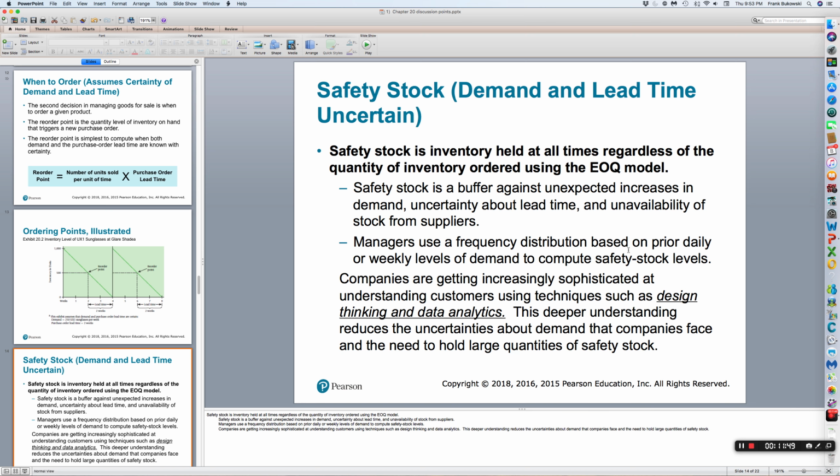So this deeper understanding will help us reduce uncertainties about demand that companies face and the need to hold large quantities of safety stock. Again, we want to minimize the amount of safety stock that we hold because of the cost associated with it, but yet we need to guard ourselves against increases in unexpected demand or unavailability from suppliers.